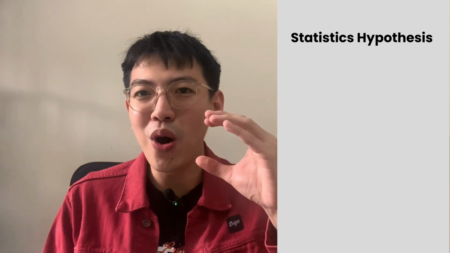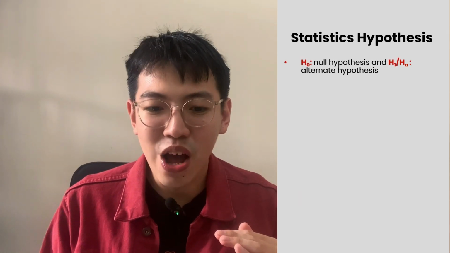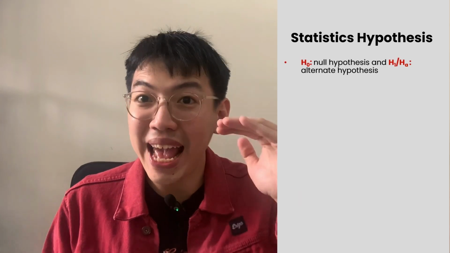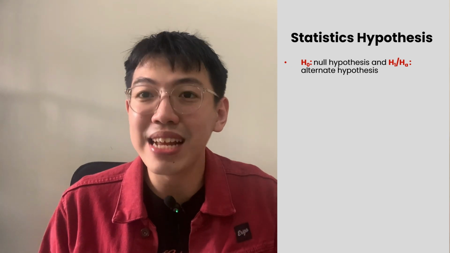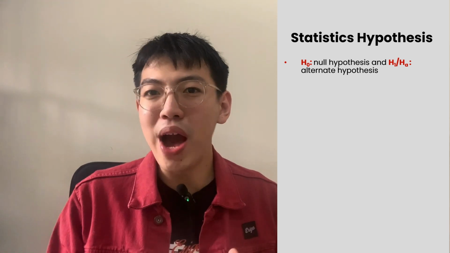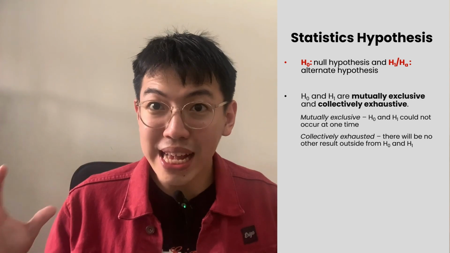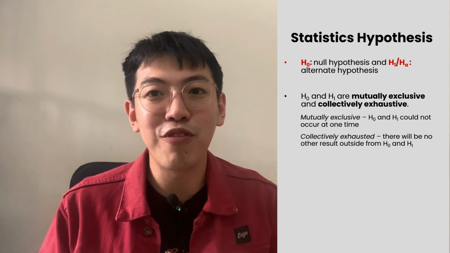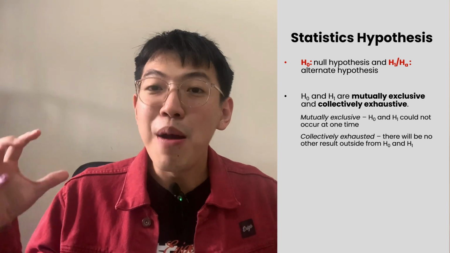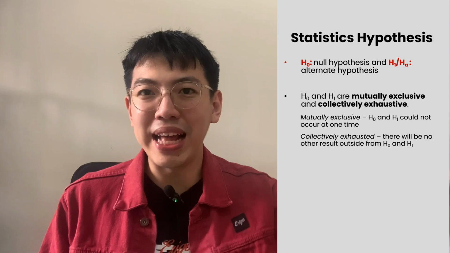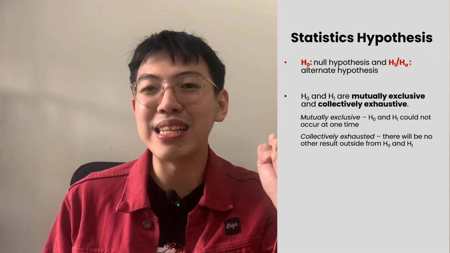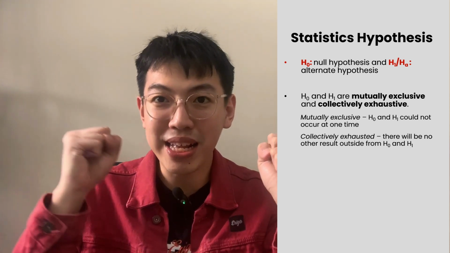So as I have mentioned previously, H0 is the null hypothesis, while H1 or HA is the alternate hypothesis. H0 and H1 are mutually exclusive and collectively exhaustive. Mutually exclusive means if H0 is accepted, it is impossible for us to accept H1.